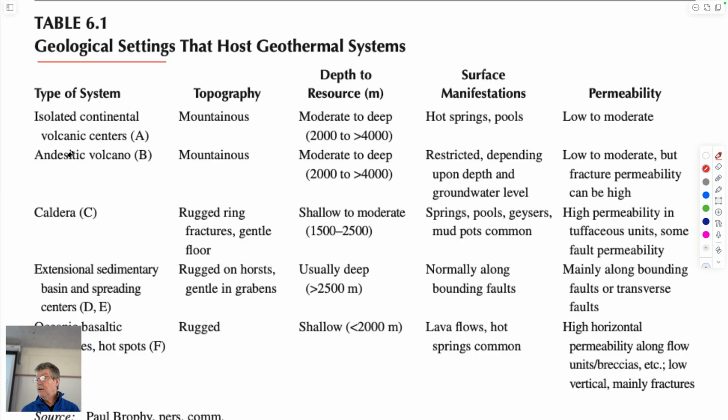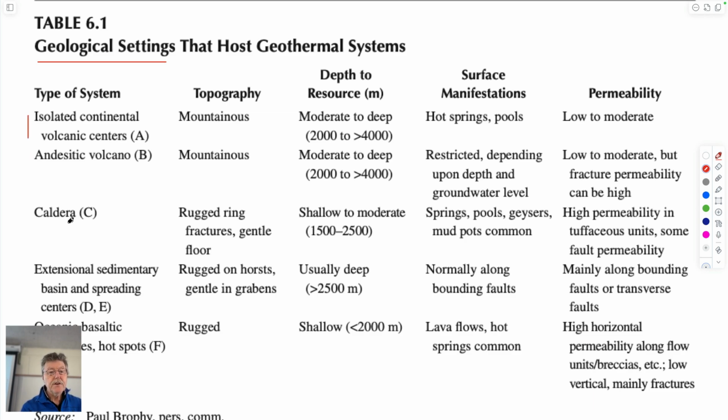They would be on plate boundaries and in volcanic regions where thermal gradients are decidedly elevated above the background. And of course, they're related. Tectonic areas such as plate boundaries and volcanic areas close to plate boundaries are obviously related and part of the same things. But they could be in terms of these different classifications.